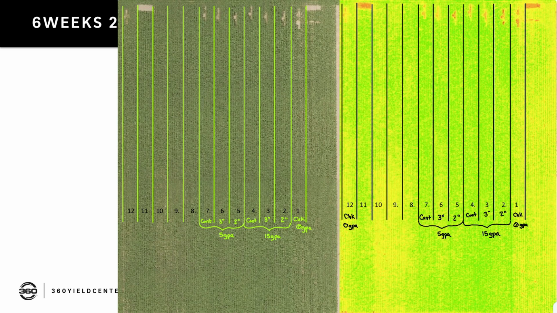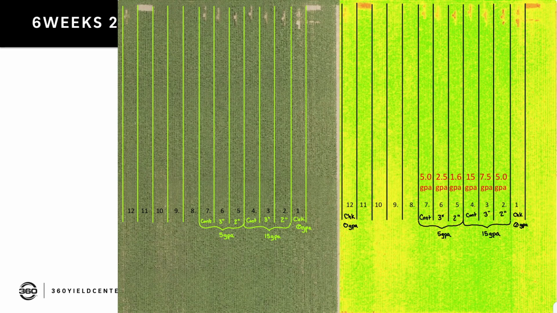So let me drive home this local concentration again. If we're running continuous flow at 5 gallons an acre, how much do we take to the field? 5 gallons, right? If we're running a 3-inch dash, we're turning it off half the time. At 5 gallons local concentration, we only need 2.5 gallons delivered. If we're running 2-inch dash, we only have to take 1 2/3 gallons to the field. I'll do the same thing for 15 gallons.